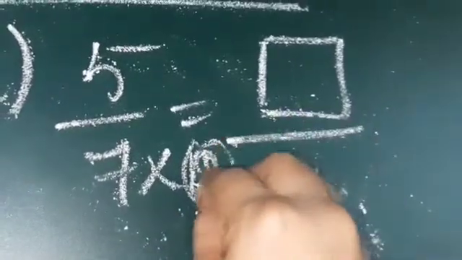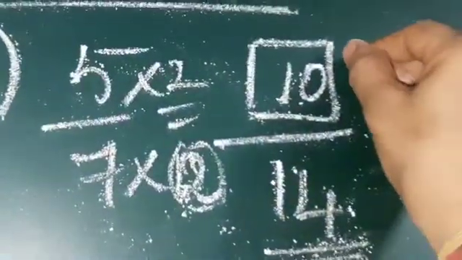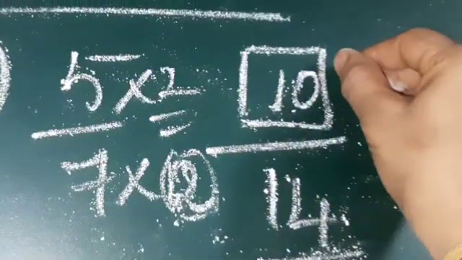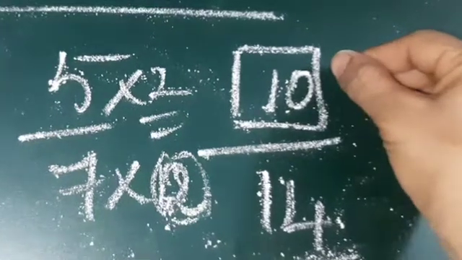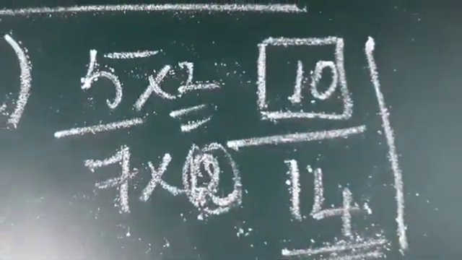To get x by 14, I have multiplied 2 with the denominator 7. So the same number should be multiplied with the numerator also, so that we get 10 by 14. I have solved the first series. You are going to solve the next series.